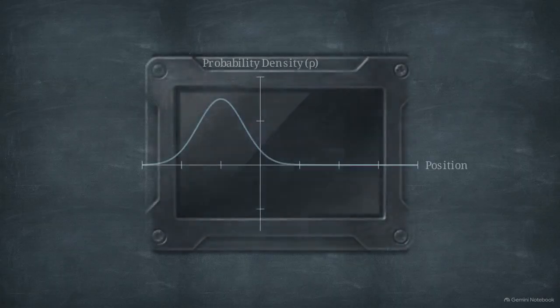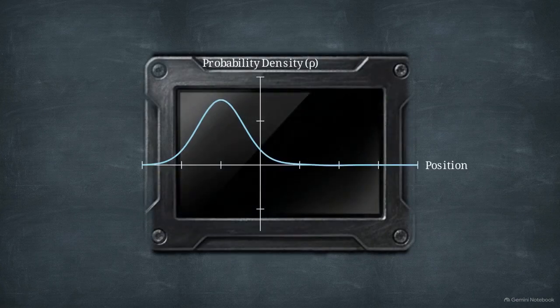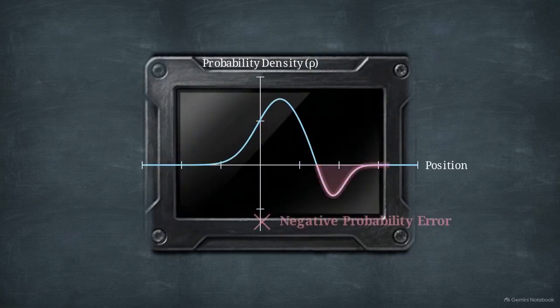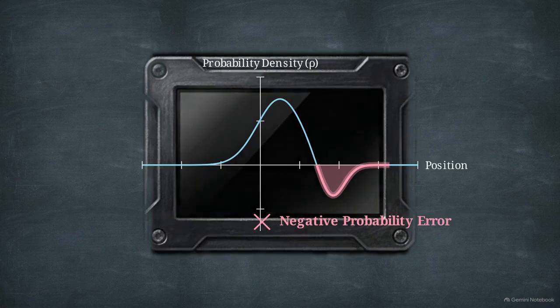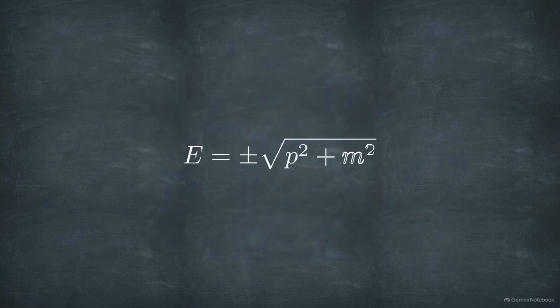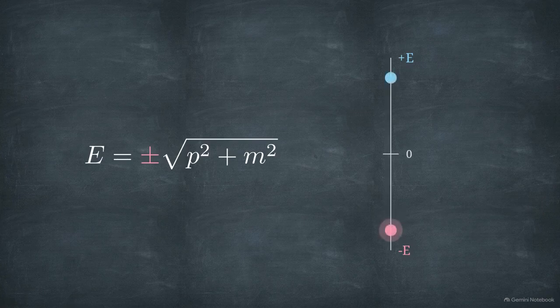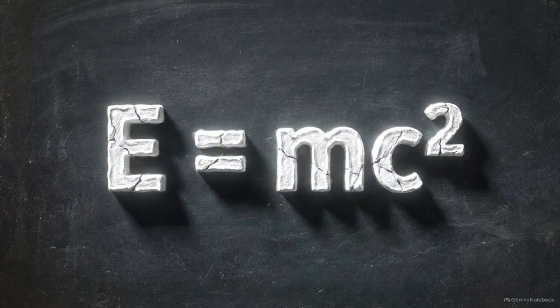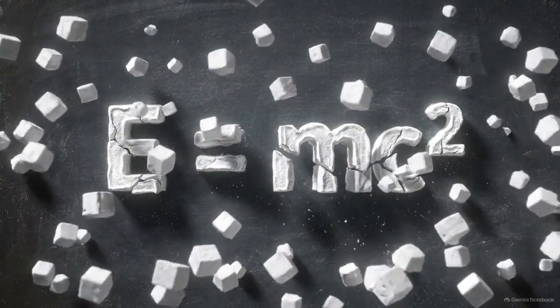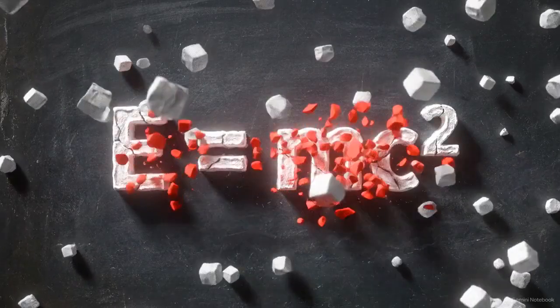A valid wave equation must produce a positive probability, but this formula could output a negative probability. Furthermore, solving this squared equation for energy yields both a positive and a negative solution, stating a particle could possess less than zero energy.